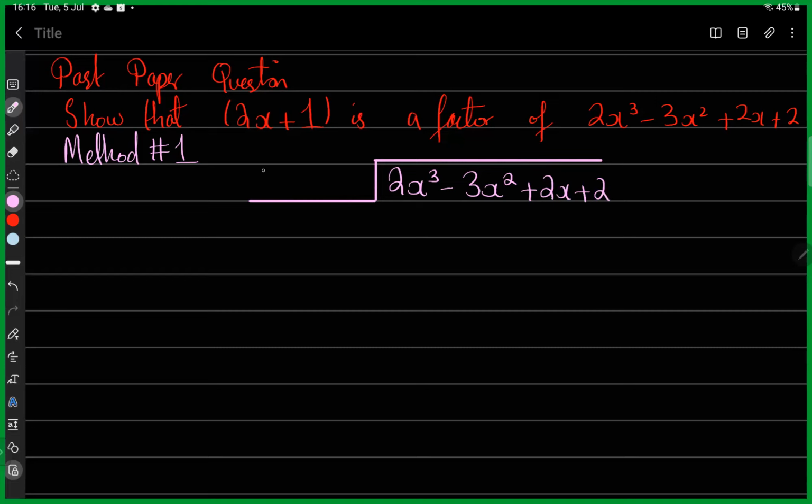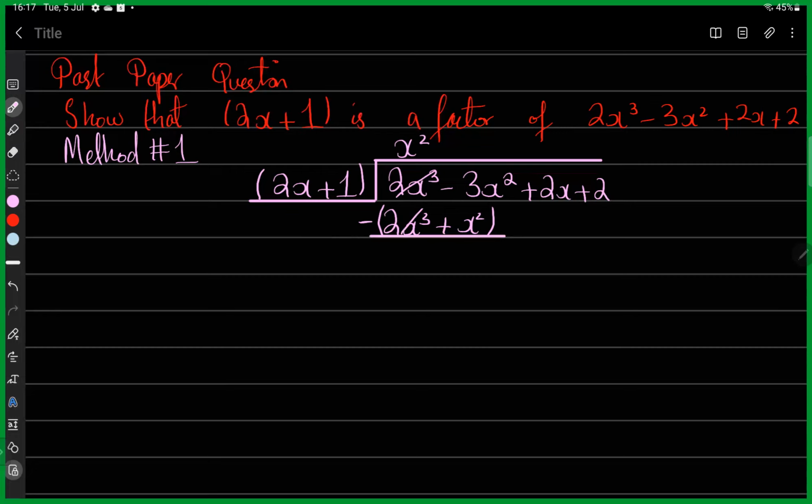And the divisor is 2x plus 1. Okay. So I need 2x cubed here. For that, I just need to multiply it by x squared. And it would give me 2x cubed plus x squared. And I need to find the difference because this is how long division is. These two would be cancelled.